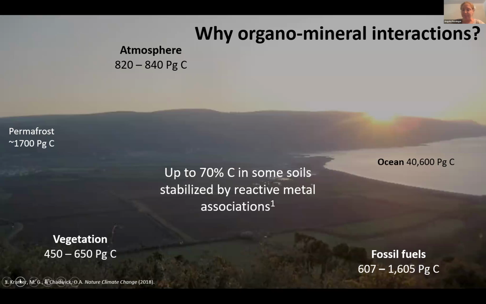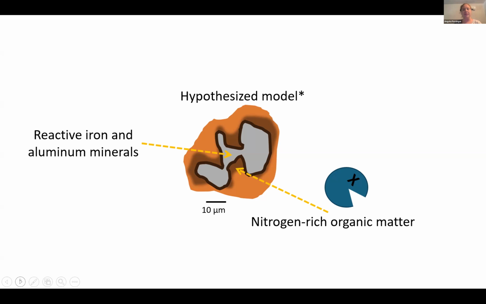And so I'm going to start with a cartoon image of the hypothesized model going into this project. We know that reactive iron and aluminum minerals tend to form relatively stable associations with carbon because of the interactions between carbon functional groups and hydroxyl surfaces on short-range ordered iron and aluminum minerals.